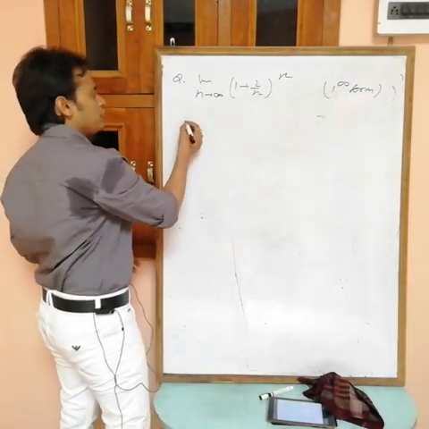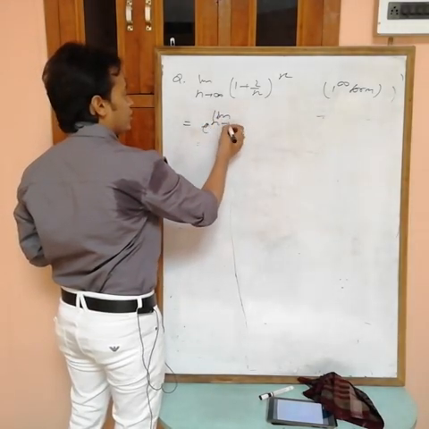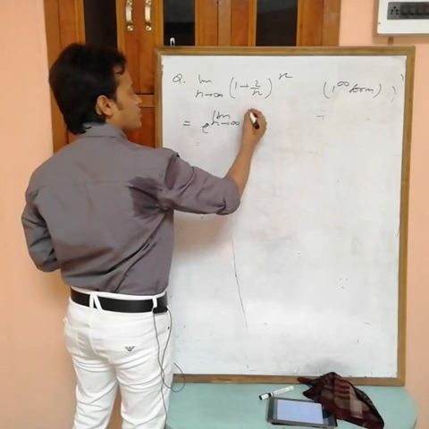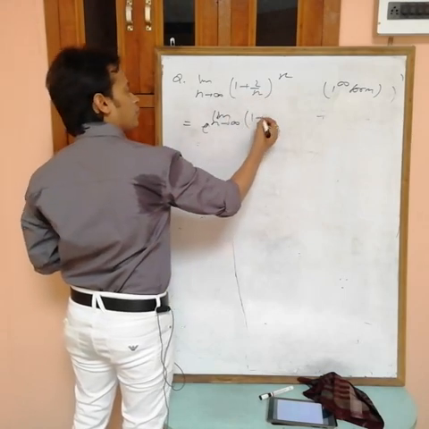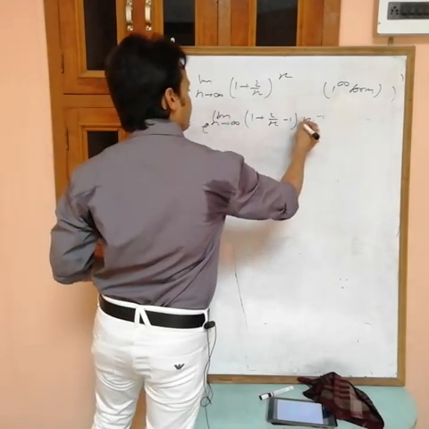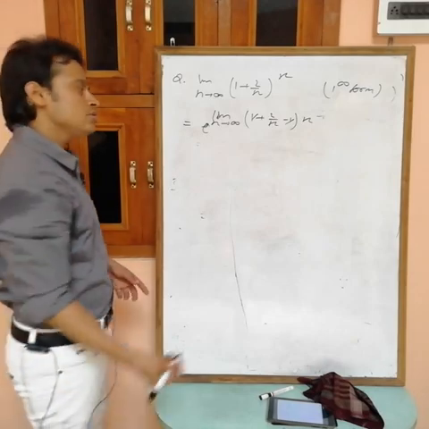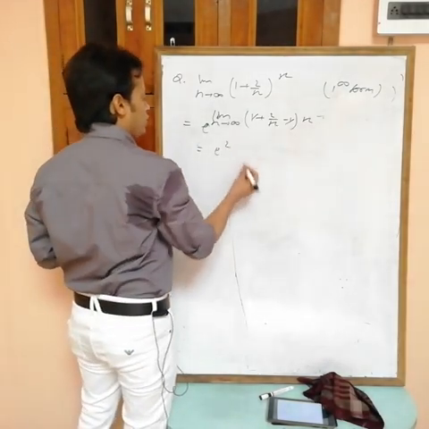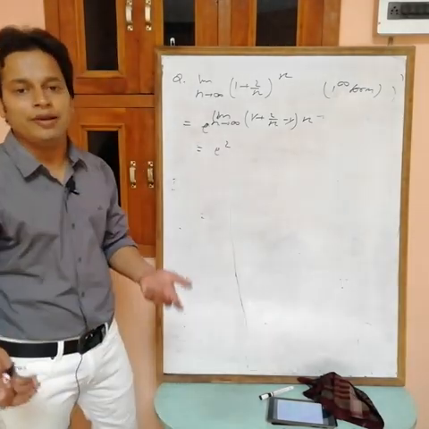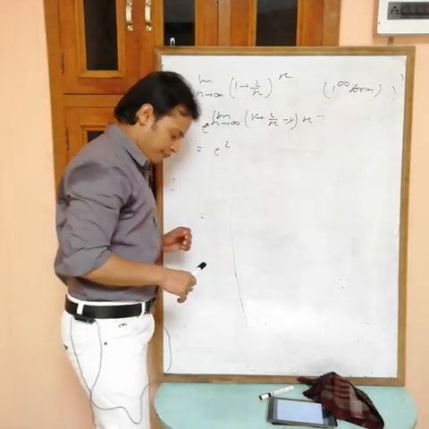So just use the formula: e power limit x tending to infinity of (f(x) minus 1) times g(x), that is (1 plus 2/x minus 1) times x. The x cancels out, 2/x times x is 2. So we get e power 2. There is no need to write the limit because there is no x now. So the answer is e square.